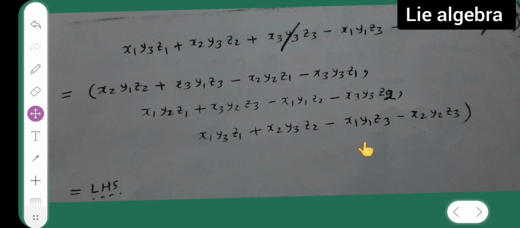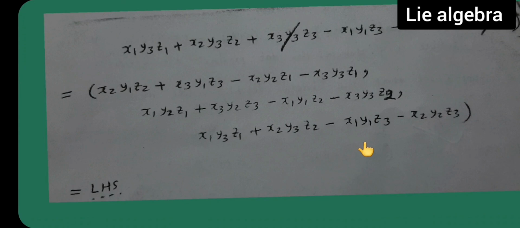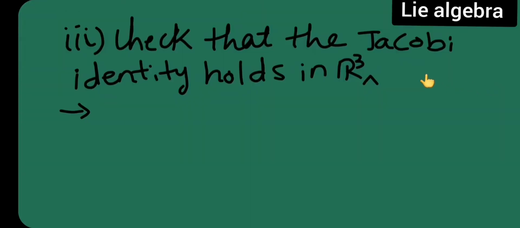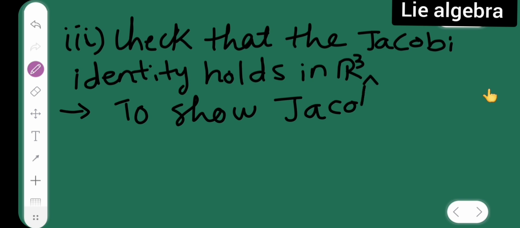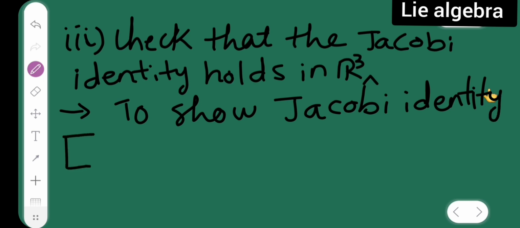Now I have to prove Jacobi's identity. Here we have to check that the Jacobi identity holds in R3 cap. So to show the Jacobi identity, first I'll take the Jacobi's identity.